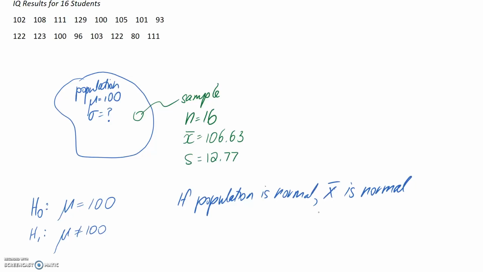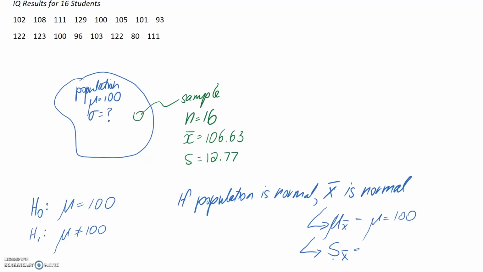So we should be able to describe this with a mean and a standard deviation. And since we're using the sample as a stand-in, we're going to give it this symbol S. So the distribution of the sample mean should have the same mean as the actual population itself. So it should be distributed around a mean of 100.